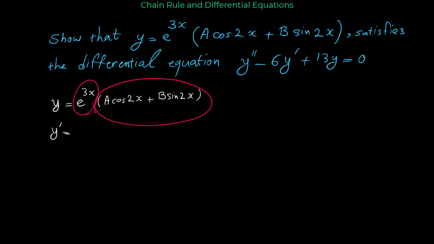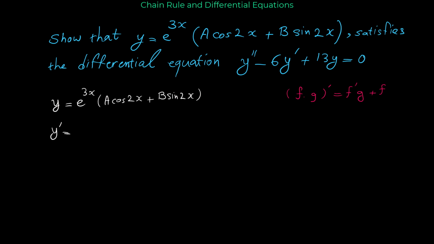Let me remind you of the product rule. If we have f times g and we want to find the derivative of the product of these two functions, the derivative equals f prime times g plus f times g prime.